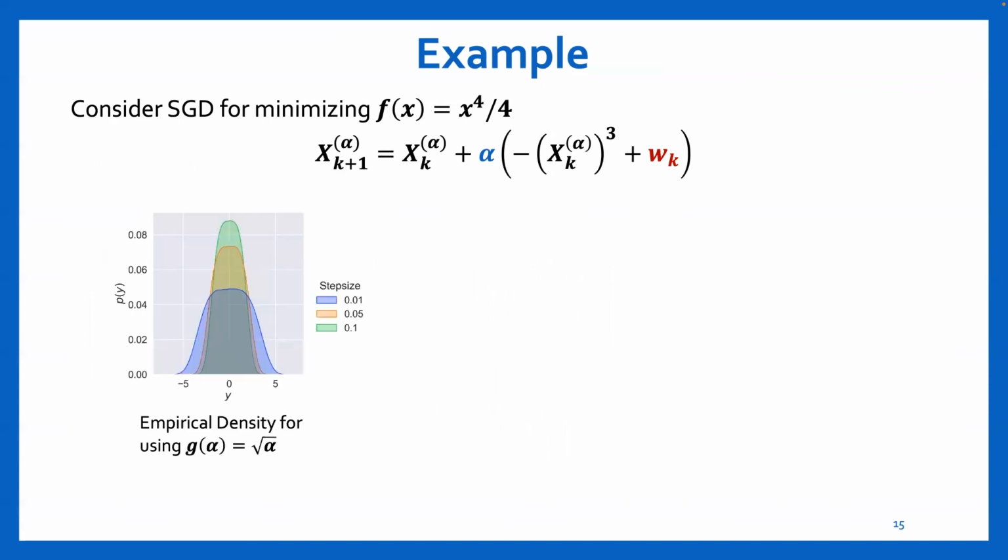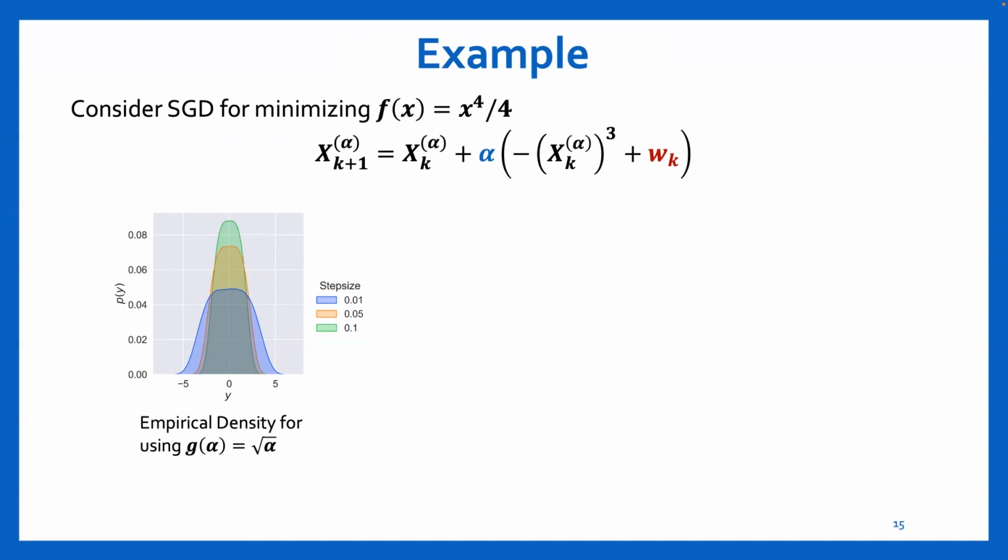Now, if the correct scaling function is square root of alpha, then if we plot the empirical density function of x_k divided by square root of alpha, we should observe convergence. However, here we do not observe convergence. When the step size decreases, the empirical density of the stationary distribution gets flatter and flatter. It changes drastically.